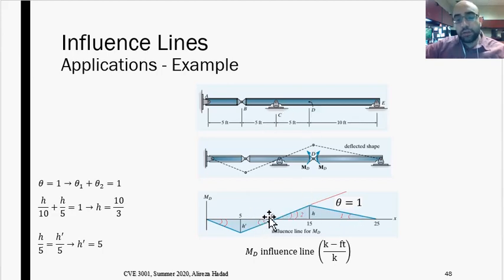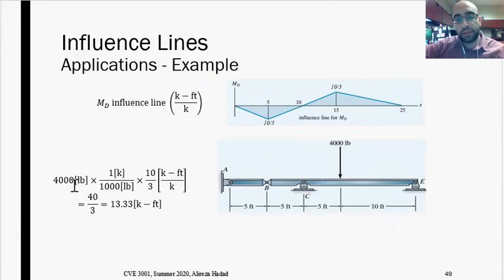So based on this diagram, we could understand that if I put that 4,000 concentrated load right at this location, 15 feet from point A, or right at point D over here, I'm going to get the maximum positive bending moment at point D. What is the value of that bending moment? I have to multiply the amount of load, which is 4,000, by the height of the diagram over here, and that is 10 over 3. So 4,000 multiplied by 10 over 3, and pay attention to the changes in the unit, because that was 4,000 pounds, but all the values that I have in my influence line diagram are kip-foot per kip.